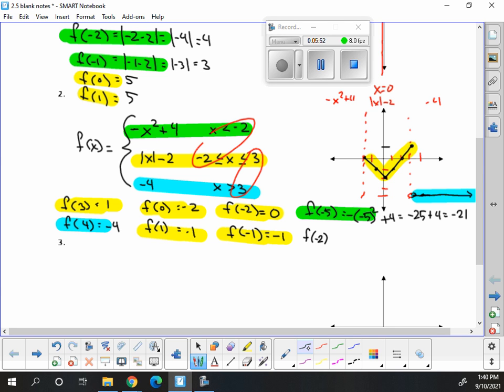If I were to plug that in there, negative 2 squared, you're right, it would equal 0. So that means it starts at the same place that that one ends. And then I could check negative 3 or negative 4. They're not going to be as far away. So negative 3 would give us 9. Negative 9 plus 4 would be negative 5. 1, 2, 3, 4, 5.